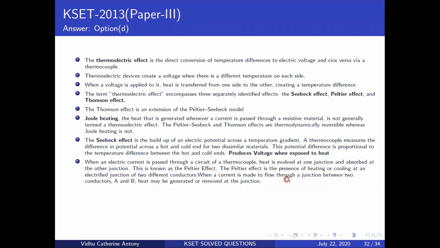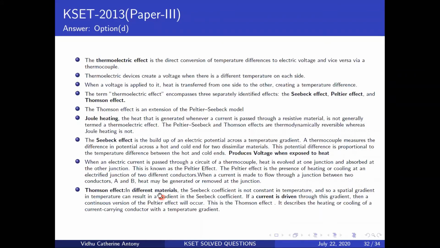When the current passed from copper to bismuth, there was heating involved, and when it passed the other way, from bismuth to copper, there was cooling involved. That's how you generate these mini fridges and cases to hold ice when you're traveling a longer distance. So that's basically the Peltier effect.